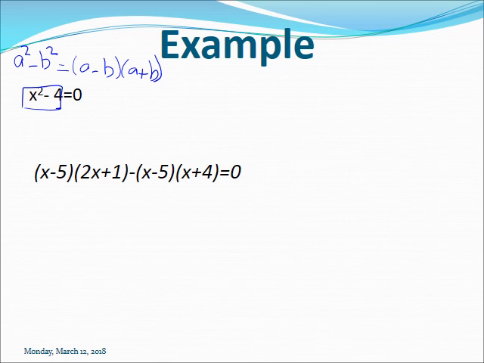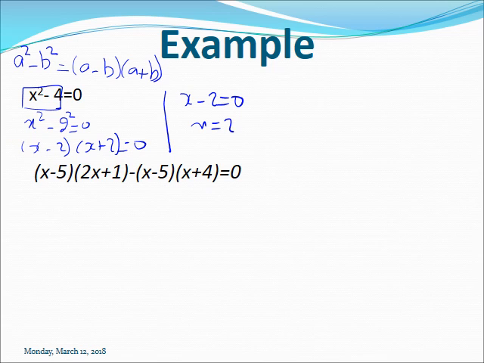So x squared minus 4 equals x squared minus 2 squared, which is (x minus 2)(x plus 2) equals 0. Solve: x minus 2 equals 0, then x equals 2. Or x plus 2 equals 0, then x equals minus 2.